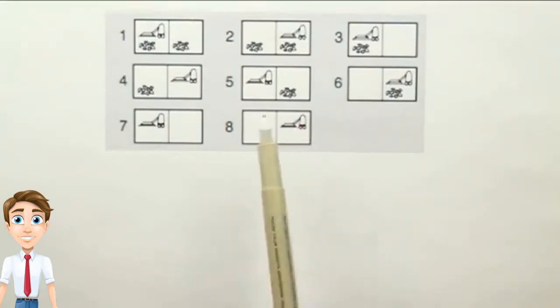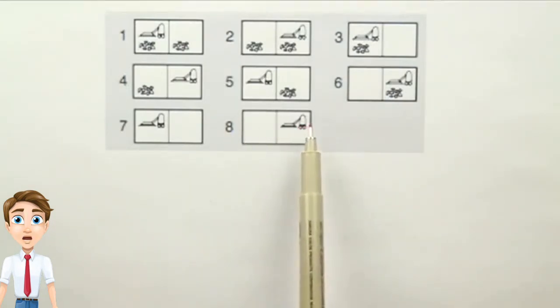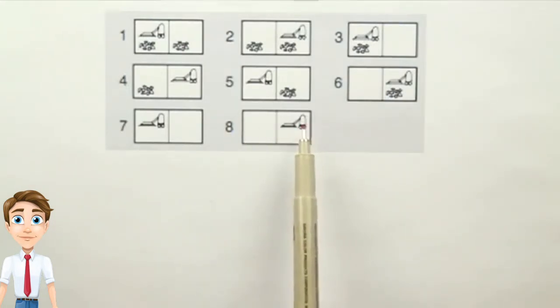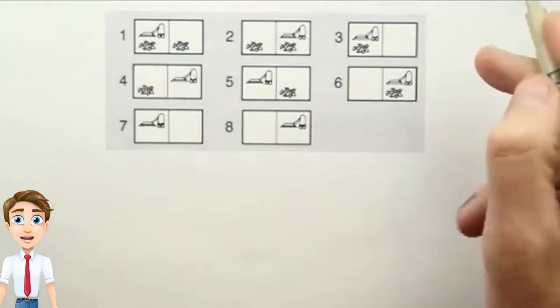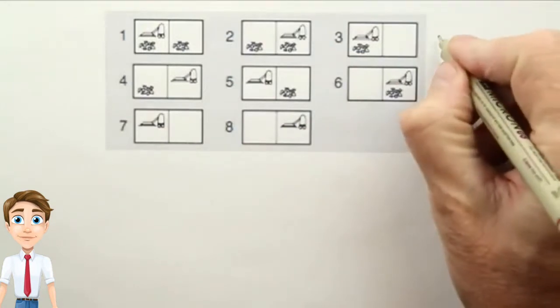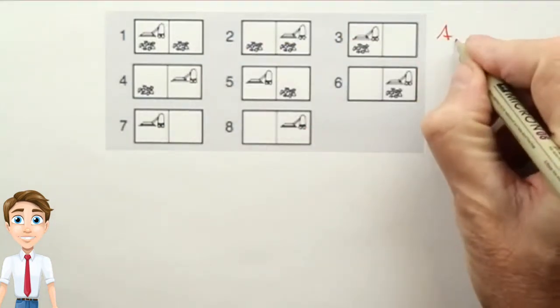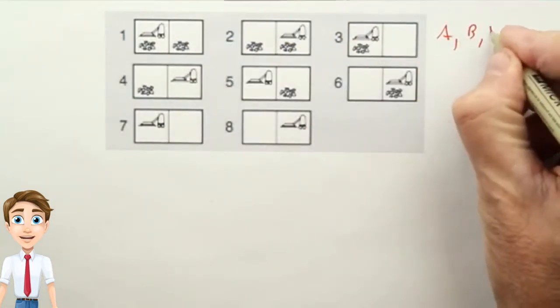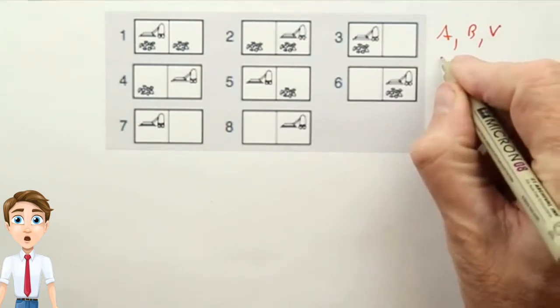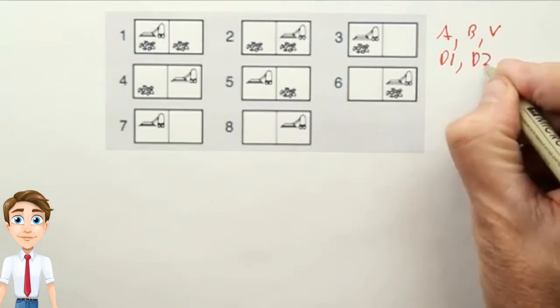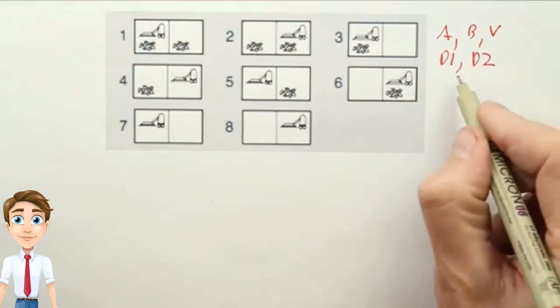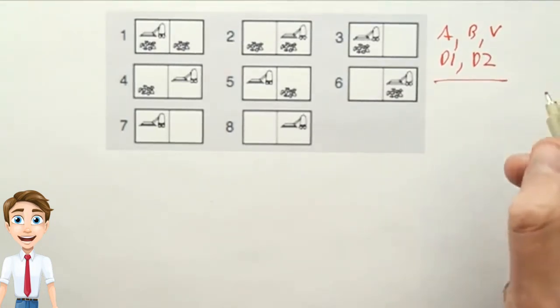Now let's go back to the two-location vacuum world and represent it in first-order logic. First of all, we can have objects. We can call the left location A, the right location B, the vacuum V, and the dirt, say, D1 and D2. And we can have relations.